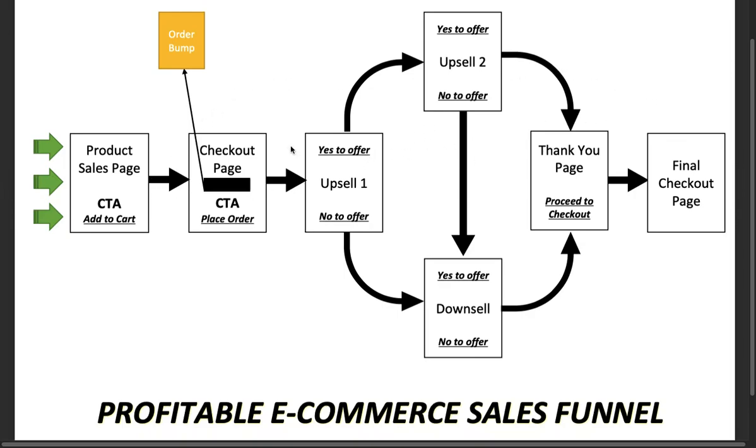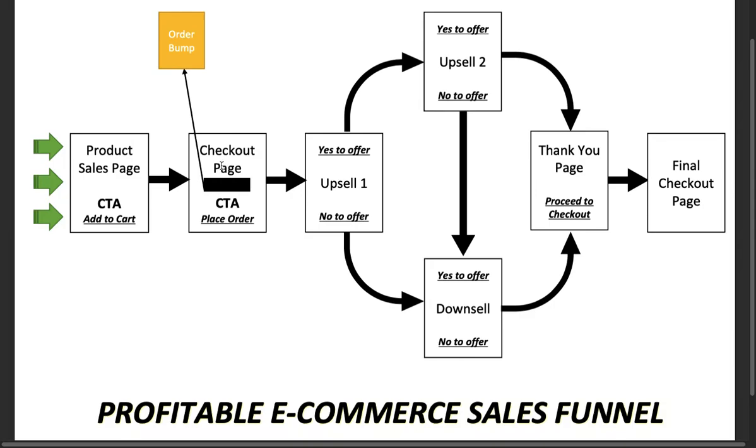The CartFlow sequence would enable us to set up a checkout page for a single product sales page. So we are going to set up a checkout page and a thank you page. The rest, which is the order bump and the upsells, will be done by another plugin. I will show us how to do that, but firstly we need to create a checkout page for this product sales page which we have created. So that is the main reason we are creating a CartFlow sequence.